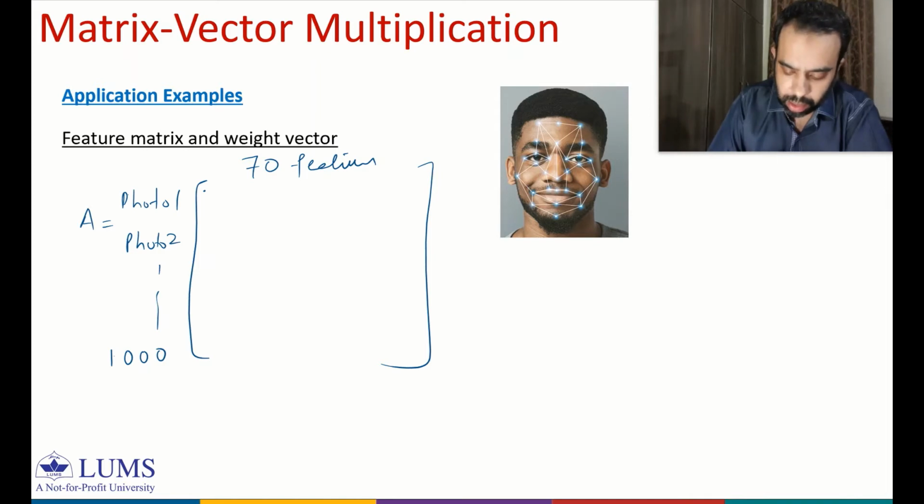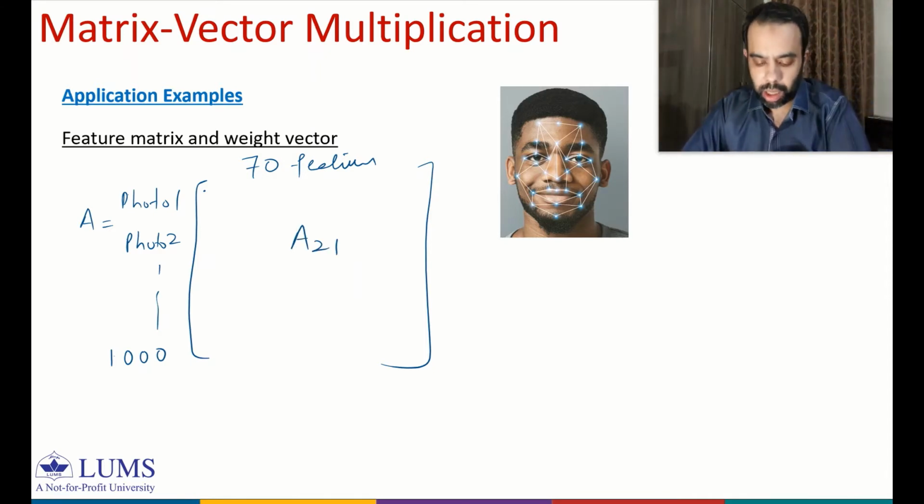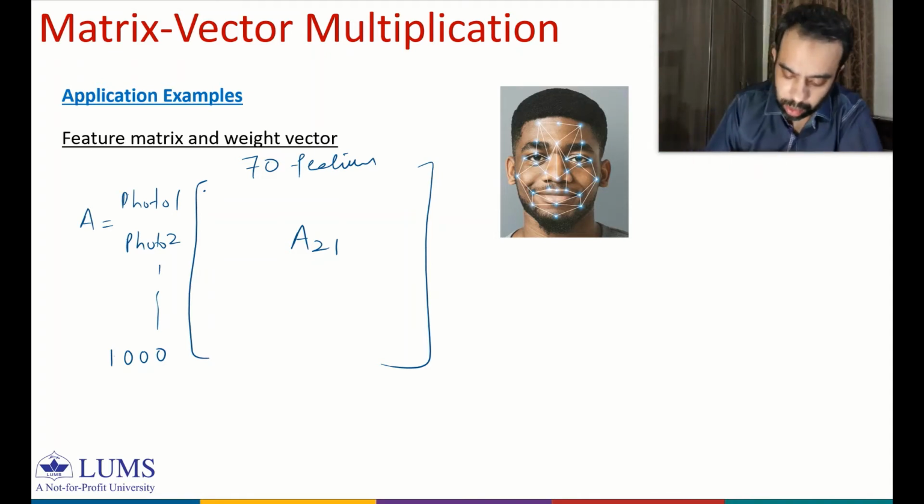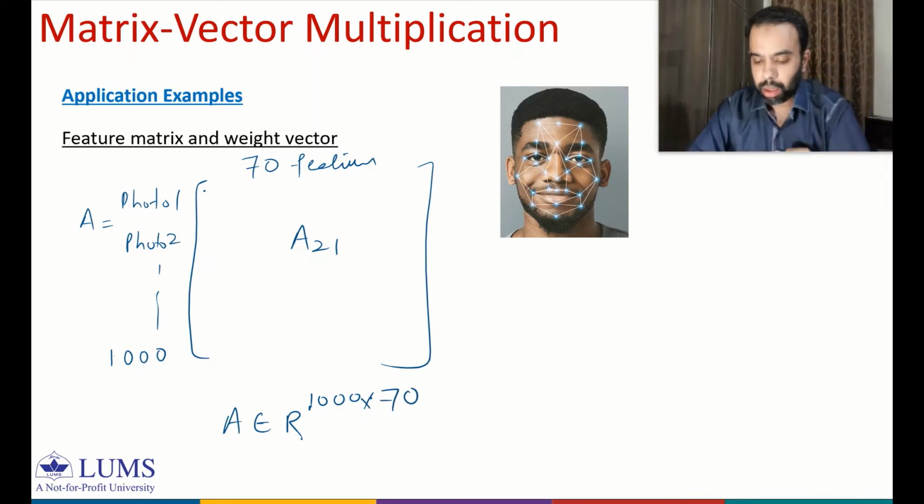For example, a21 describes the first feature of the second photo, and similarly a43 would describe the third feature of the fourth photo. So A belongs to R^(1000 times 70).